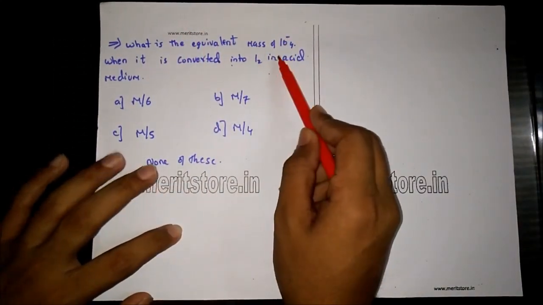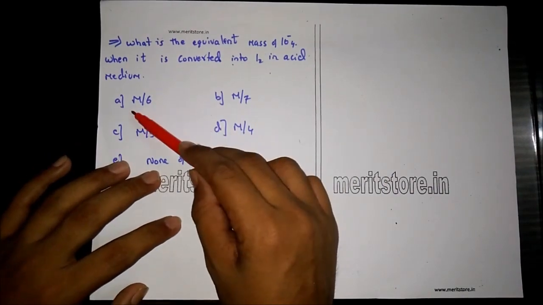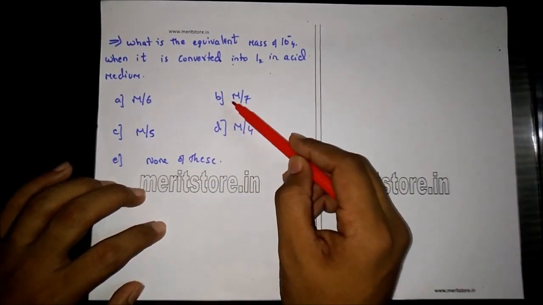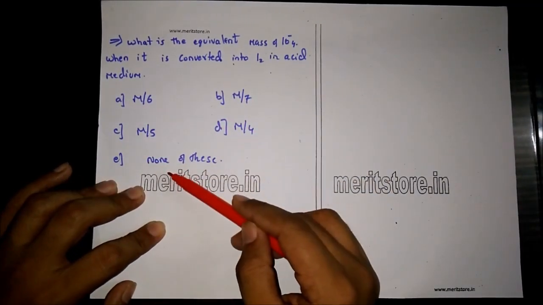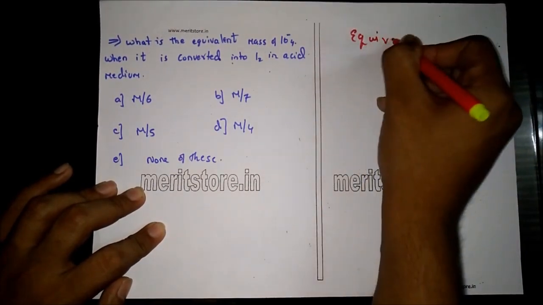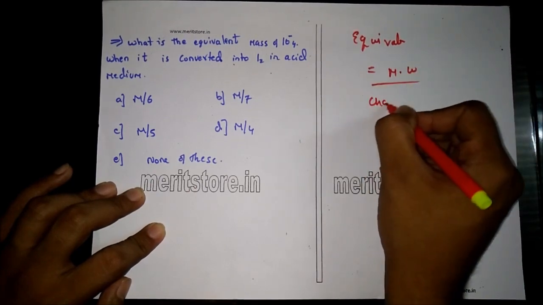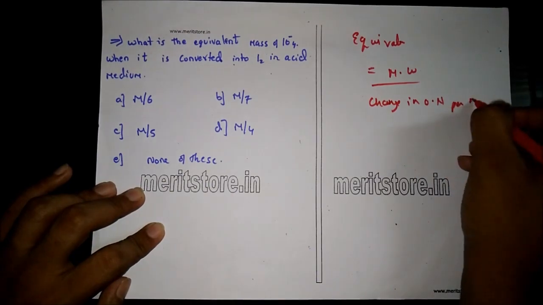Equivalent mass of IO4 minus when it is converted into I2 in acidic medium? Is it A, M by 6, where M is the molecular mass, B, M by 7, C, M by 5, D, M by 4, or E, none of these? Now we know that equivalent mass is equal to molecular weight upon the change in oxidation number per mole.